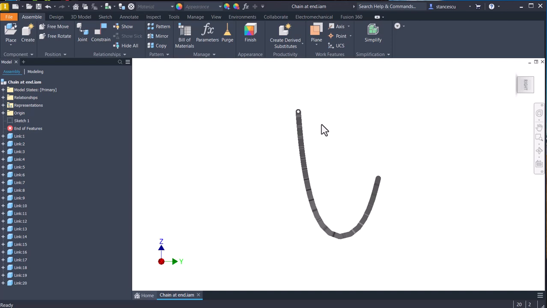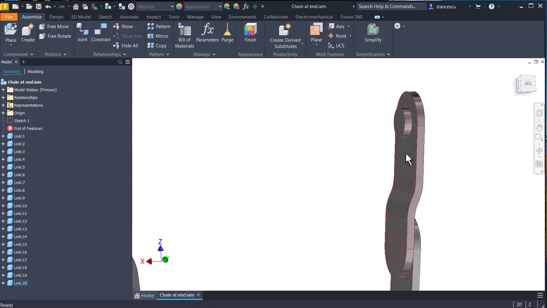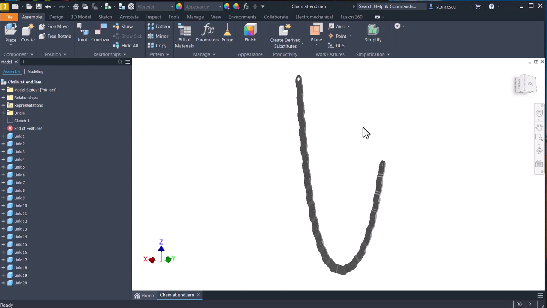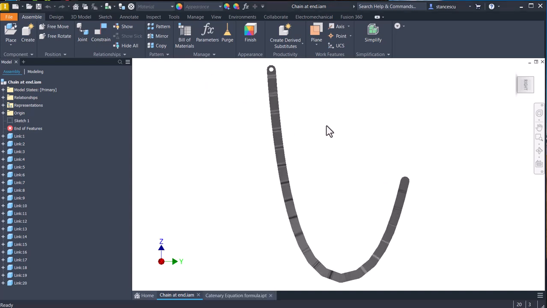This is the assembly we create and animate today. It consists of 20 pieces like this one, which are considered to be hanged in these 2 points as in the previous video. We start with a little mathematical theory.